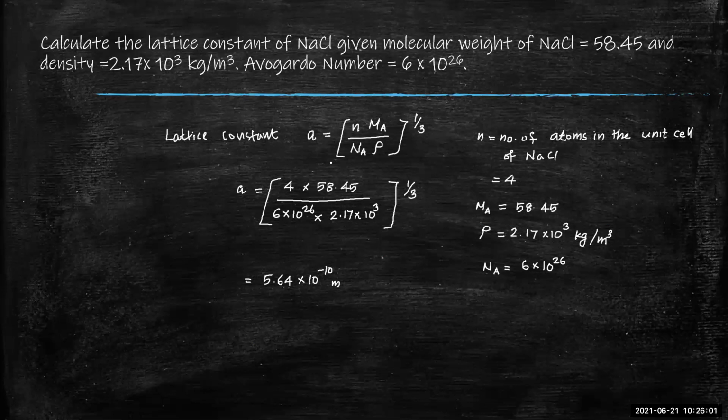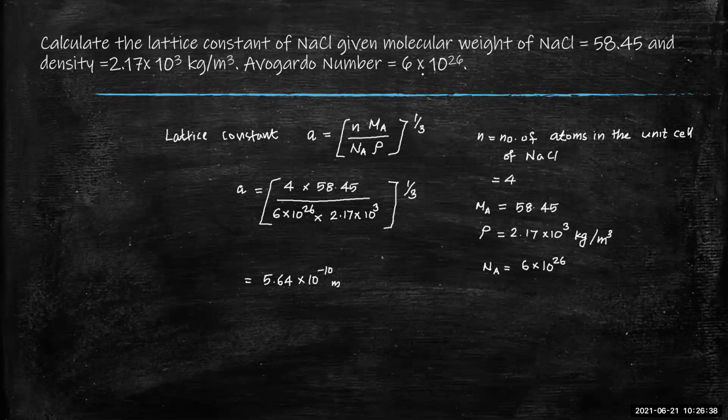Here the question, although it is a direct one, requires the value of small n, the number of atoms in the unit cell of NaCl, to be known. In the case of sodium chloride crystal, we know that small n is equal to 4. It is the additional information for this problem.